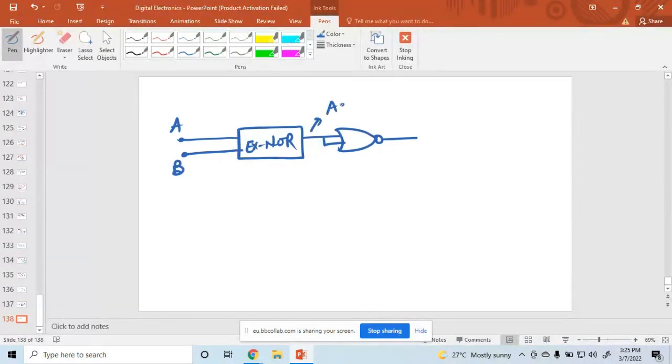Output is A XNOR B, and then apply the invert on A XNOR B. So this is equal to A XOR B, and this is called XOR. So using this gate, you can design any other logic gates.